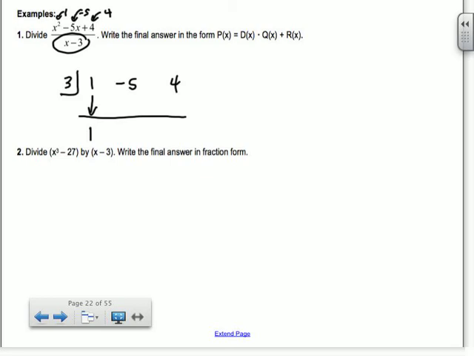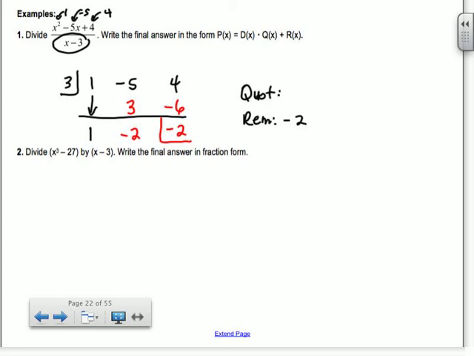Okay, so then I do 3 times 1 is 3, add straight down, I get negative 2. 3 times negative 2 is negative 6, add straight down, I get negative 2. Draw the L around the remainder. Okay, so we know the remainder is negative 2.